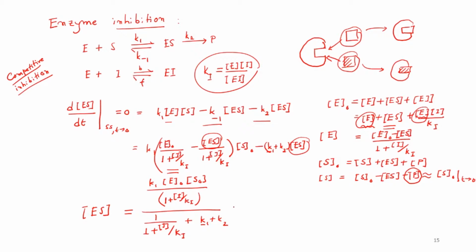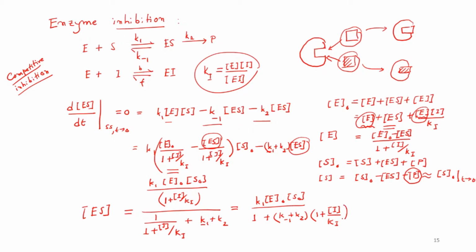So it will be nothing but K1 E0 into S0 divided by, if I do that, the first term will be 1, and then I'll have K minus 1 plus K2 times this entire part, which is 1 plus I divided by Ki.